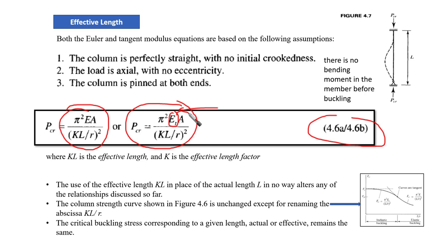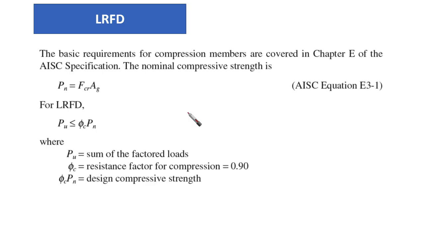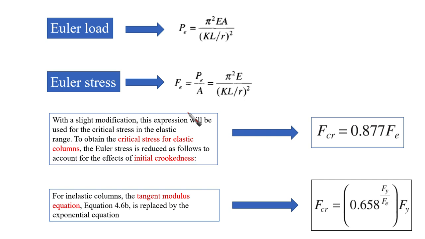This means that we need to put empirical equations. So the AISC overcame this problem by replacing the Et equation with this empirical equation, which is going to be easy for us to use.